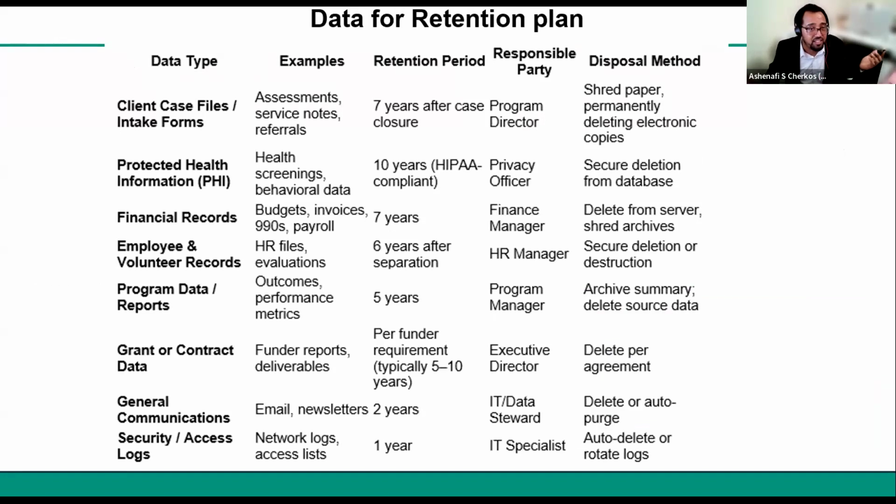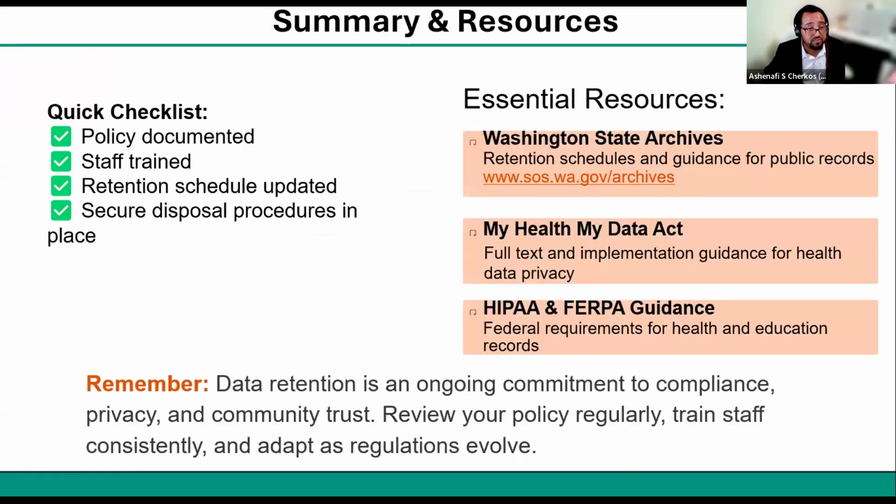For example, it could be the program director, program privacy officer, or financial manager, and others based on their role. And then finally, we need to specify the disposal method, like shredding papers, permanently deleting electronic copies, and others, which should be specifically described according to what we have at our disposal.